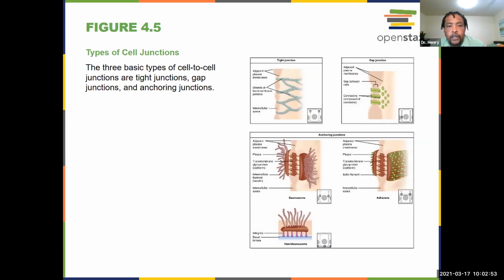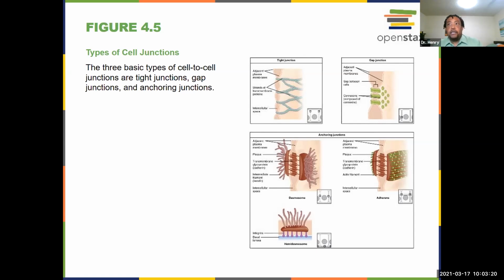So why do we have cells connected to other cells? These junctions allow these cells to do what to each other? Communicate. Yes. So junctions allow signals to be transferred from cell to cell directly, rather than the cell secreting it and then taking it back in. These are direct connections.